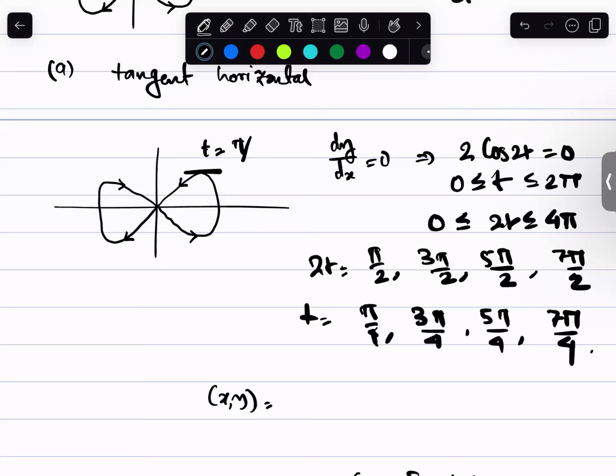I'll get this point actually. So therefore at this point I can see that the tangent should be horizontal. This point I'll get from t equal to 5 pi over 4, and here also the tangent is horizontal. This is due to t equal to 3 pi over 4. Here also the tangent is horizontal, and this is for t equal to 7 pi over 4. And you can see here also the tangent is horizontal. Okay.